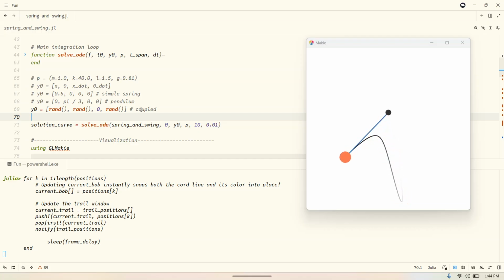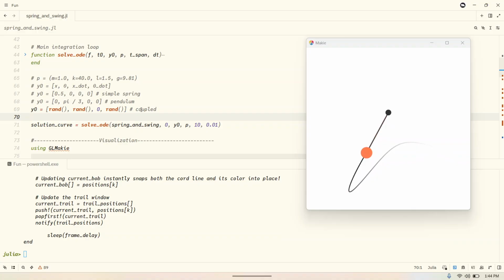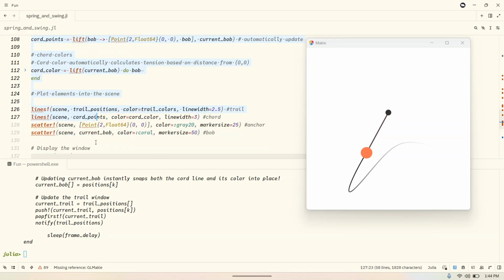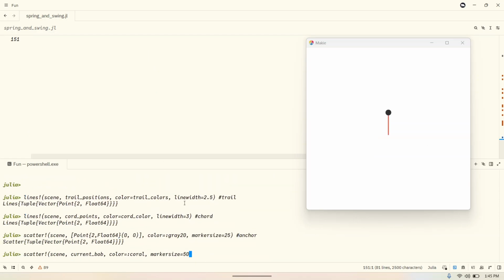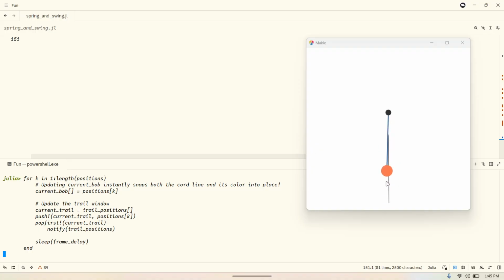Oh, you see the Steve Mould thing. It's oscillating between these two modes of movement. You can see that right now it's just bobbing like a spring, but then it sort of shifts into being a pendulum. See, so it's a pendulum, and then again it bobs like a spring.